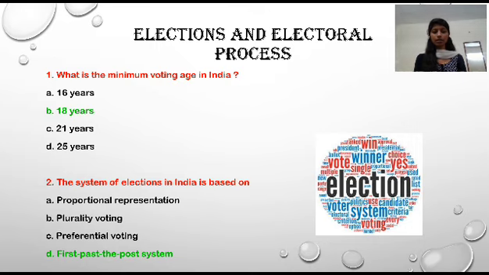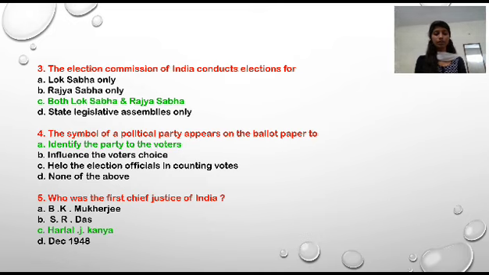The second question is, the system of elections in India is based on. The options are proportional representation, plurality voting, preferential voting, first past the post system, and option D is correct. And the third question is, the Election Commission of India conducts elections for. Options are Lok Sabha only, Rajya Sabha only, both Lok Sabha and Rajya Sabha, state legislative assemblies only.